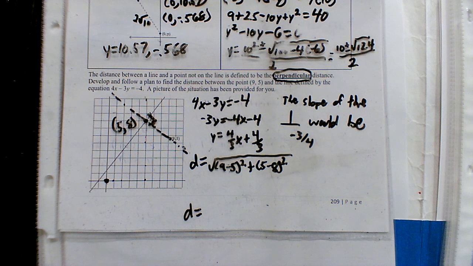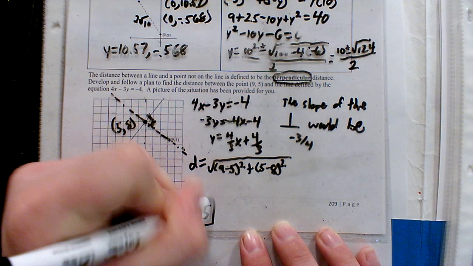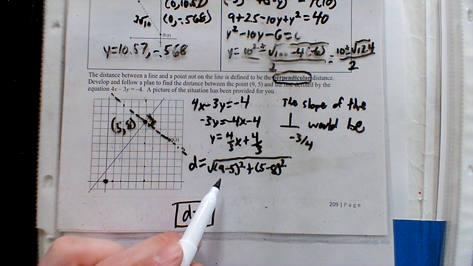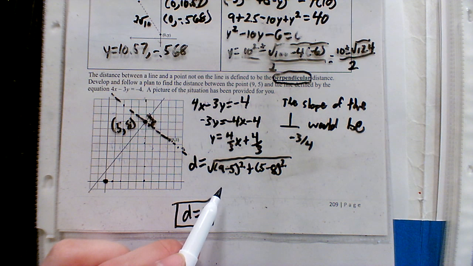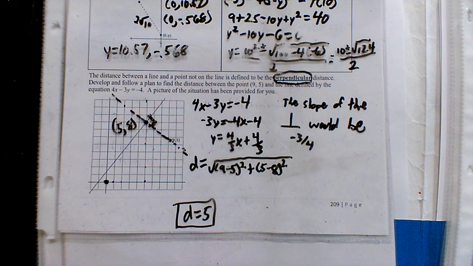All right, who has the distance for me? Brianna. Distance is 5. Very good. So the distance is 5 units away. So when you simplify that, you would get the square root of 16 plus 9, so square root of 25, and that simplifies to d equals 5. So your distance should be 5.